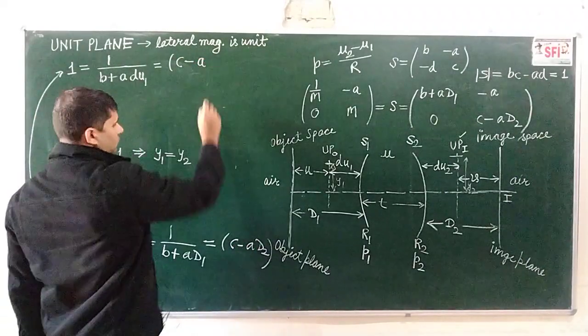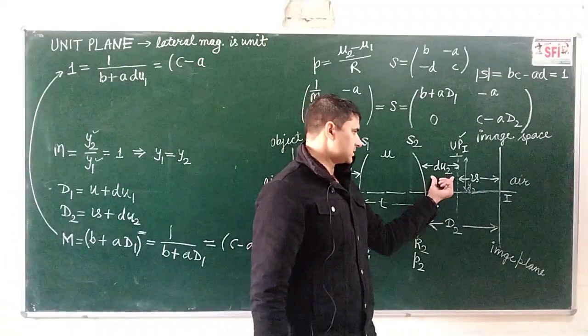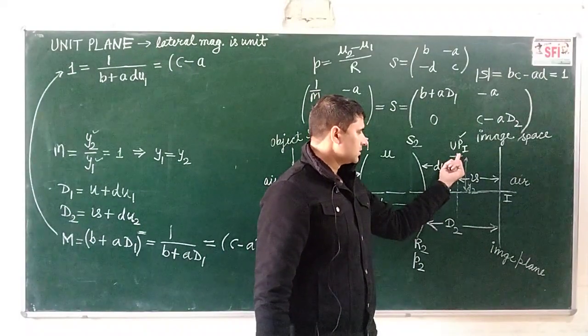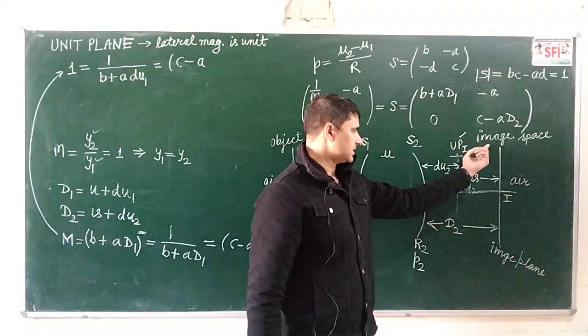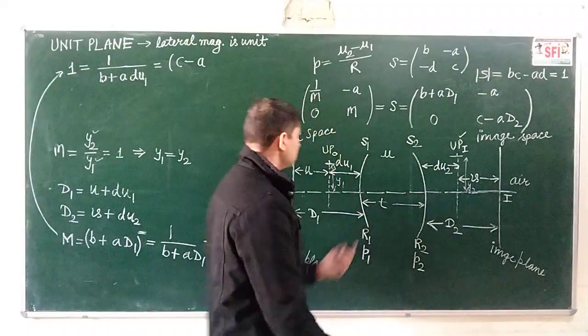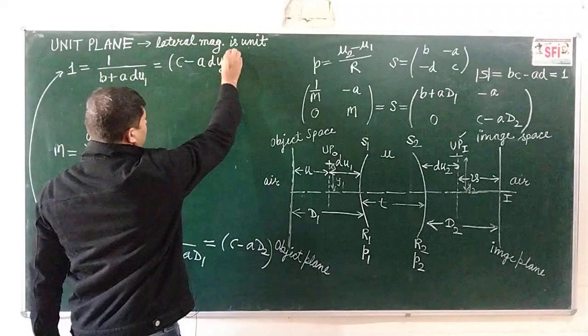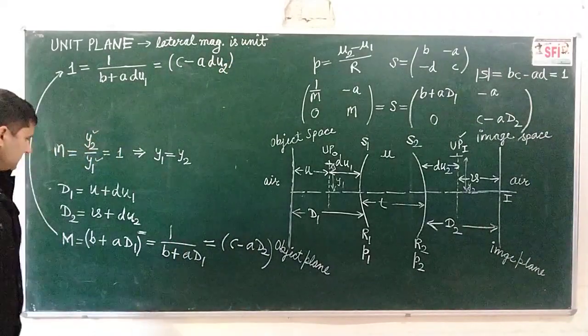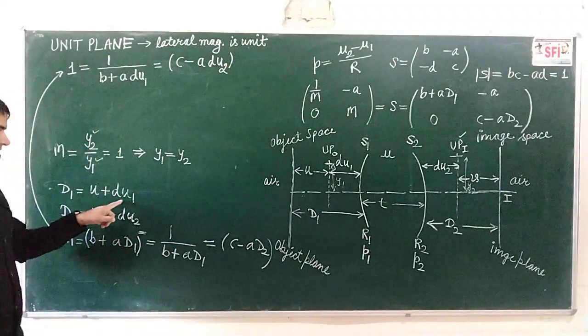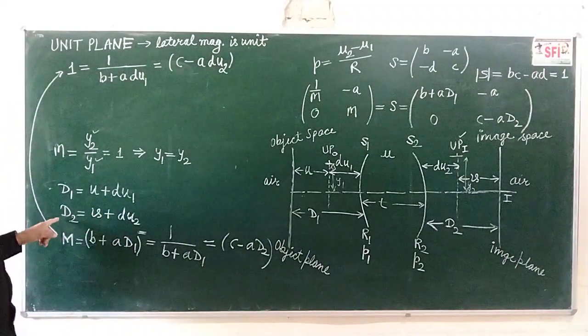So d2, what is d2? d2 is the distance of the second unit plane in image space from the second refracting surface. So I have to write here du2.